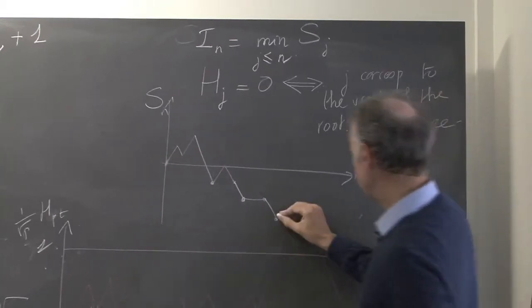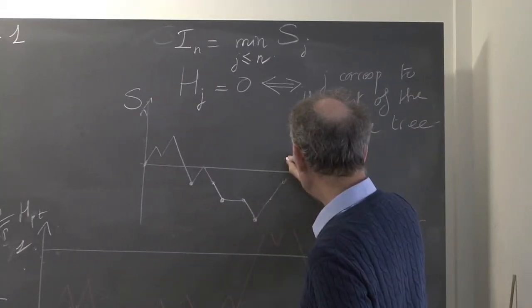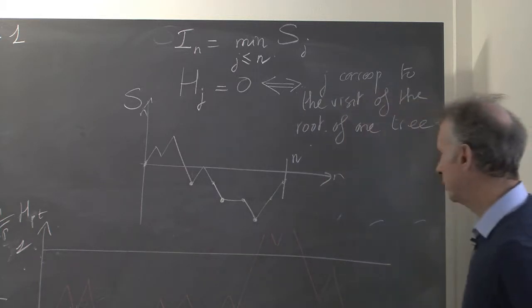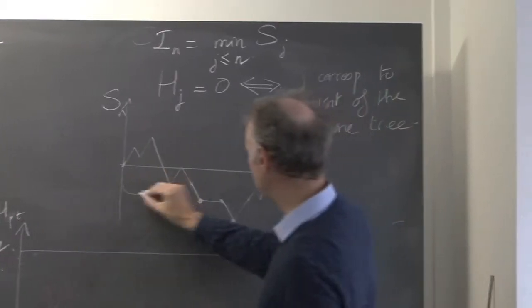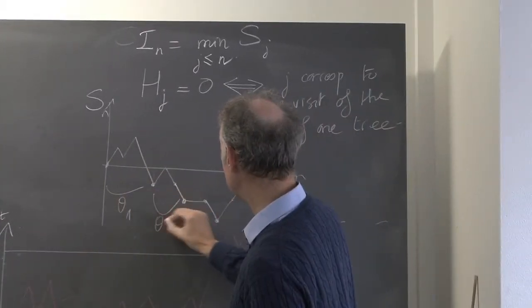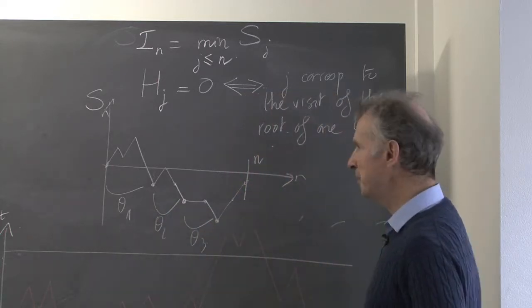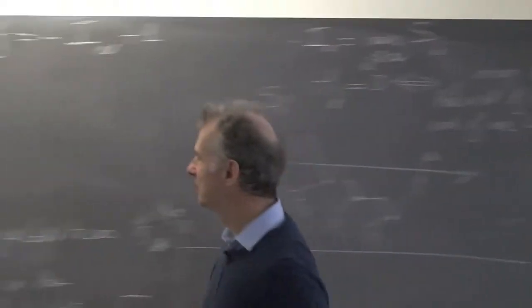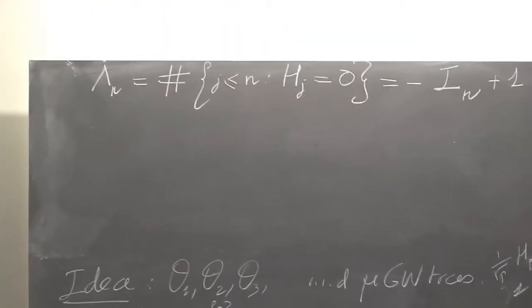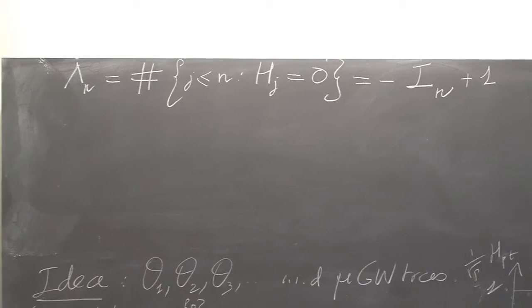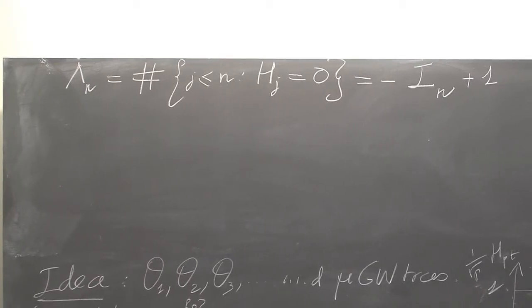So let's continue like this, for instance. So suppose that n is here. You see that this corresponds to the first, theta 1, to the second, to the third. And you see that in this example, you have my capital lambda n is equal to 1, 2, 3, 4.